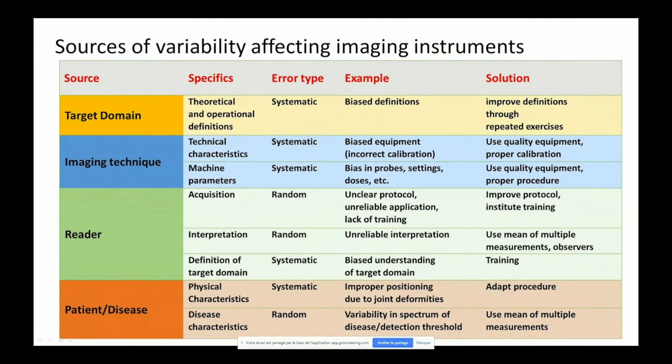So the idea is that we will present the main sources of variability. We specify which are the main possible variability aspects that can affect the reliability and the validity of our instrument, the type of error. We will make some examples and we will suggest solutions.